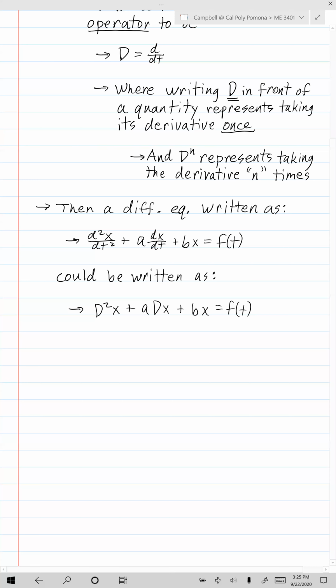But I do want to note that in order to be technically correct, we should have an operator associated with each occurrence of the dependent function. And so you will see in the text, and it would be more formally correct, to include an I here, which is the identity operator.